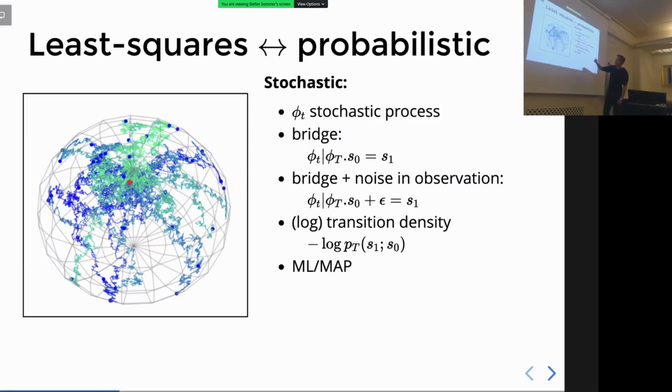Okay, so the squared distances that we had before, the equivalent of that in this setting would be the negative log transition density of the stochastic process. And if you want a Euclidean version of this, then if your stochastic model generates a normal distribution, the negative log of the normal distribution would just be the squared norm, so that corresponds to squared distances.